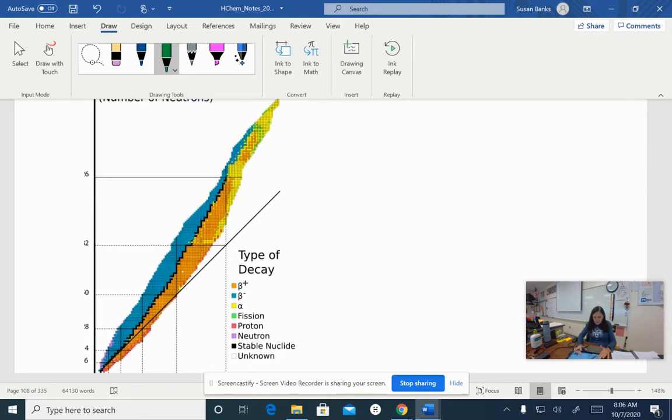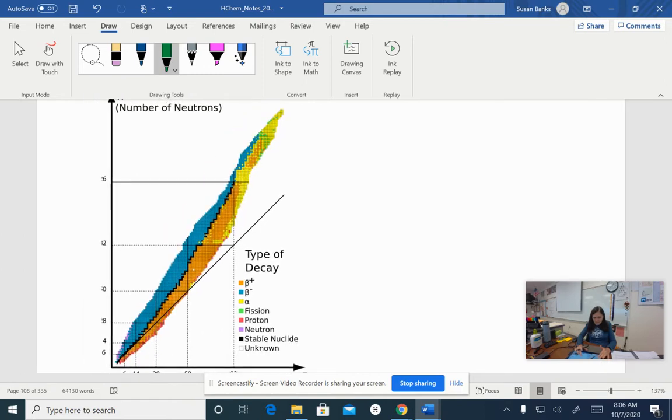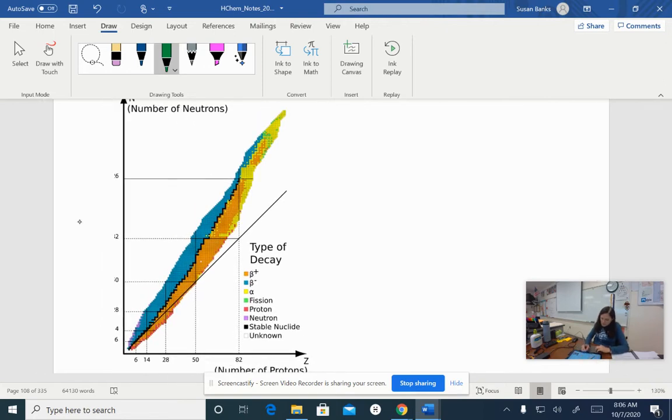Okay? So on our x-axis, we have our number of protons. So Z is our number of protons. And on our y-axis, we have our number of neutrons. Okay? You'll notice that for very small elements, we have almost a perfect 1-to-1 ratio. So this is our 1-to-1 line here, where we have neutrons to protons.